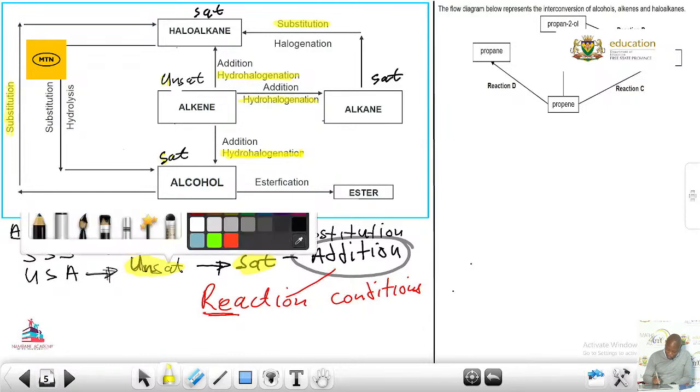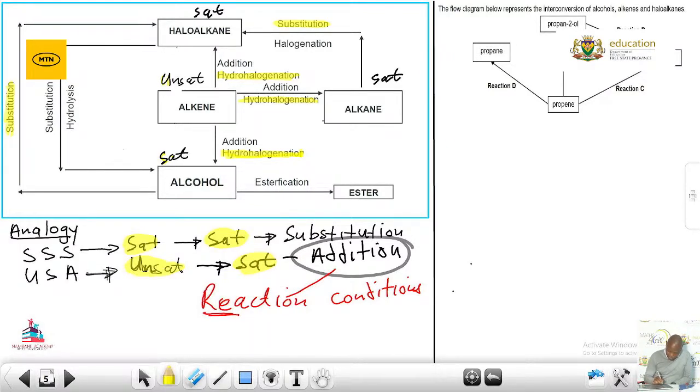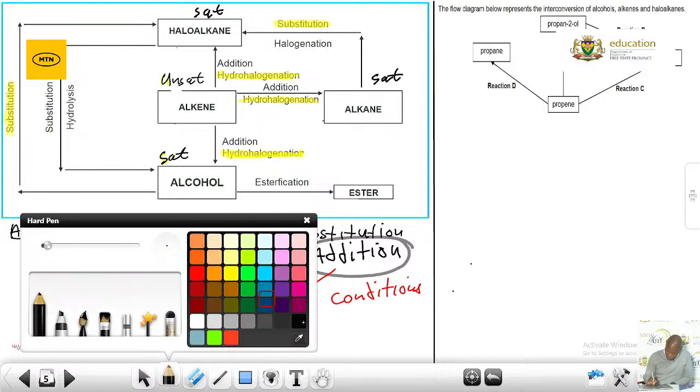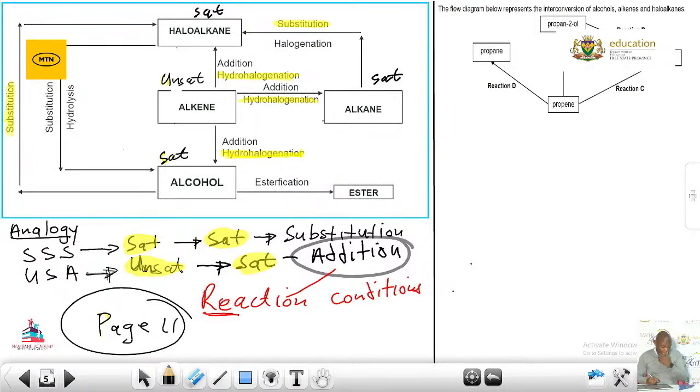So I want to refer you to our terms and definitions, page 11, which is very important, as it gives you all the possible reaction conditions. If I went into each one of them, I would not be able to complete the presentation and share all the critical ideas of how to go about this paper.